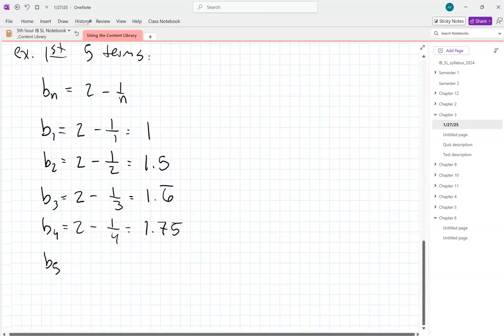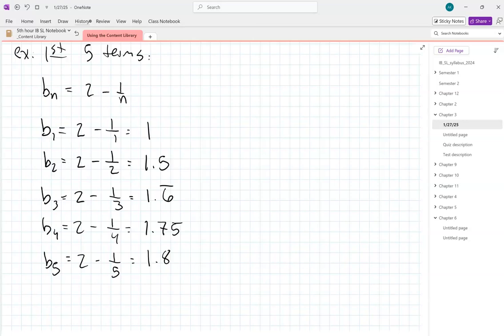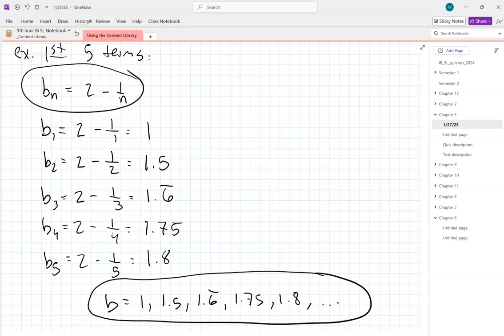And then we'll plug 5 in for n and evaluate. So my sequence B, I could also write it this way. Everybody okay with that? Whether I describe it as a formula or a list of terms, they're both representing kind of the same information.